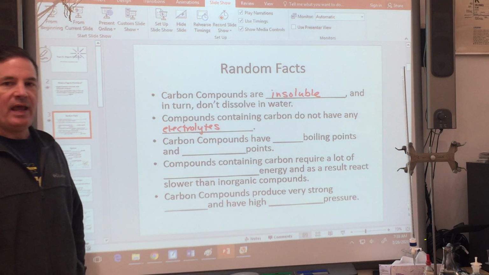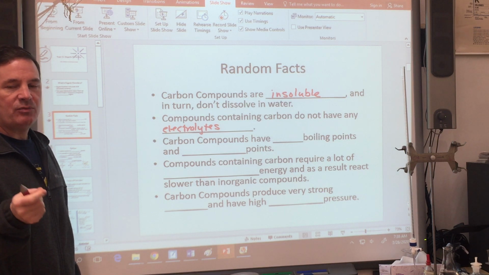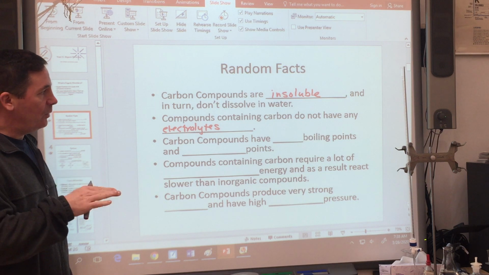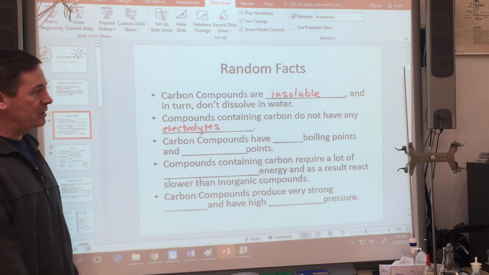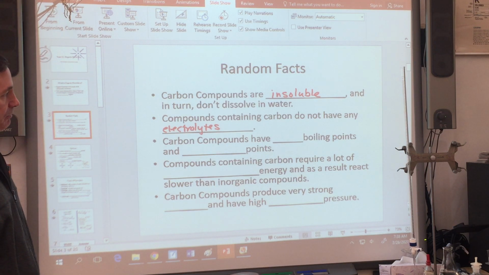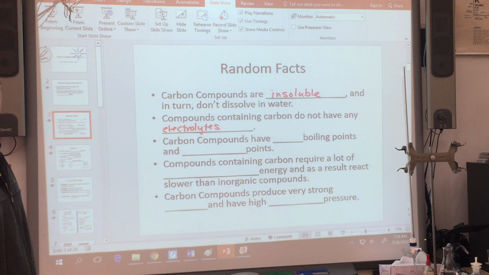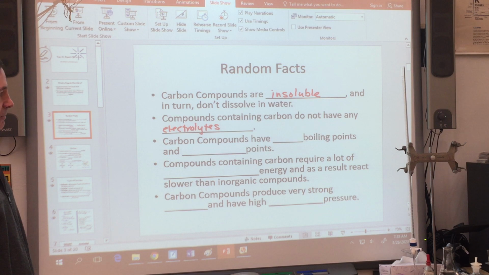Now, we just finished the acid unit, so we know that there are a few exceptions. When acids like acetic acid ionize and release their hydrogen, it does have electrolytes. So this is an exception, but for the most part, carbon compounds don't have electrolytes.